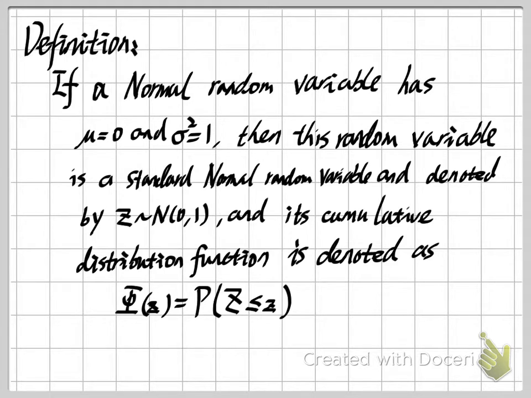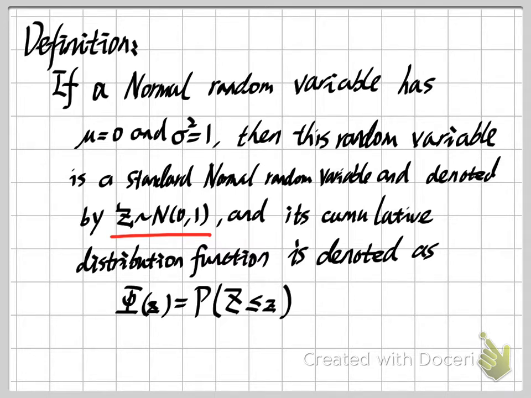To differentiate between a normal random variable and a standard normal random variable, in general, we use the capital Z to denote the standard normal random variable. The symbol to say a random variable is a standard normal random variable is like this: N(0, 1).